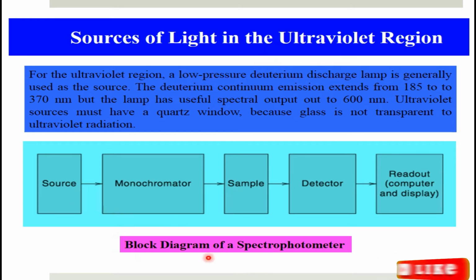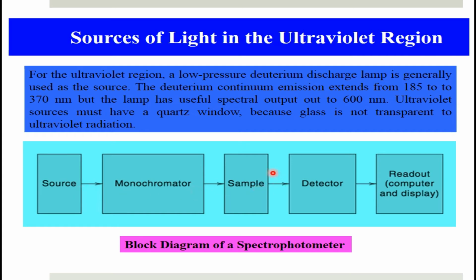This is the block diagram. Although we have studied the components of single beam and double beam spectrophotometers in detail, just for a short review, first we have a source for the emission of radiation. This source must be supplied with a power supply. Then the radiation emitted will pass through a monochromator, which will divide the continuum spectrum into monochromatic light.